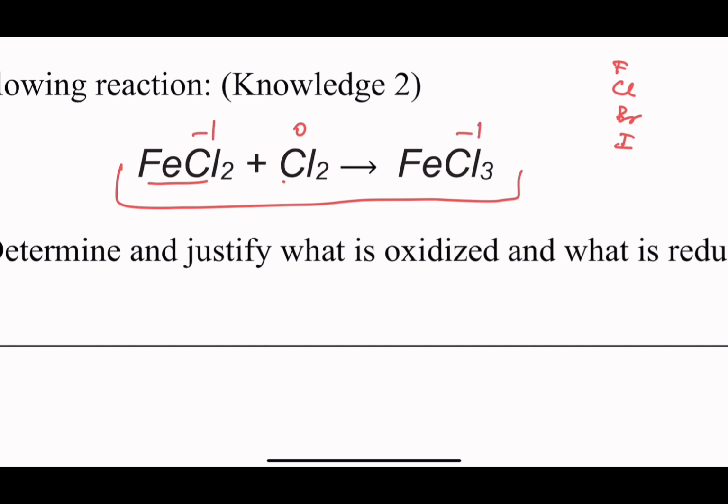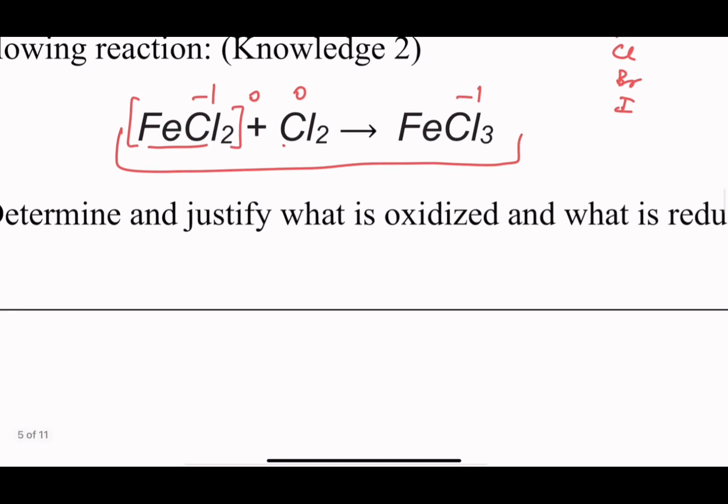And over here it is -1. And the whole thing needs to add up to 0, right? So if we do the math, and this one is x, so x plus 2 times -1 is 0, so x becomes +2. So this guy is +2 here. And if you do the math on this one, this is going to be +3.